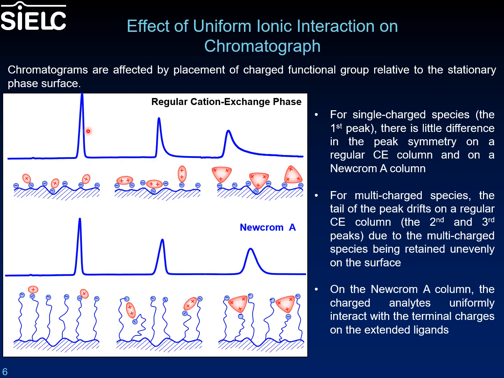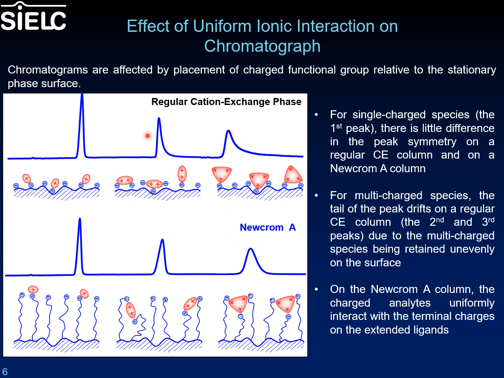And this can actually be seen happening on chromatographs themselves. Chromatographs are affected by the placement of charged functional groups relative to the stationary phase. Above, we've shown a standard regular cation exchange column, and below we've shown a Newcrom A column.